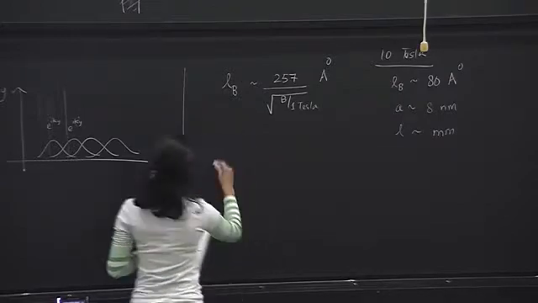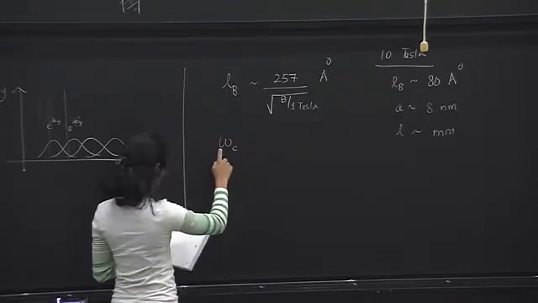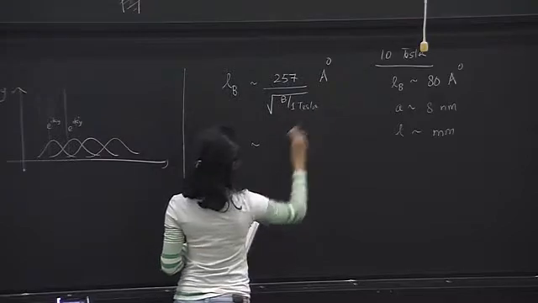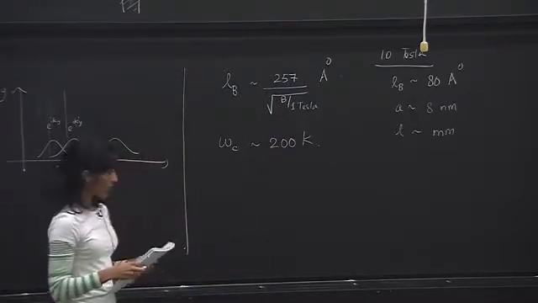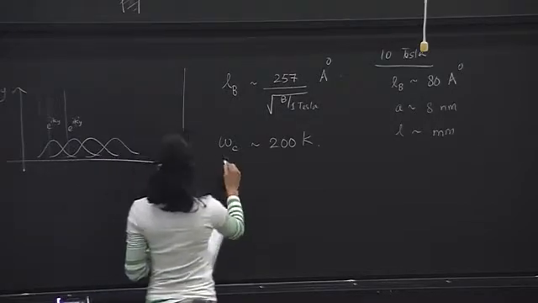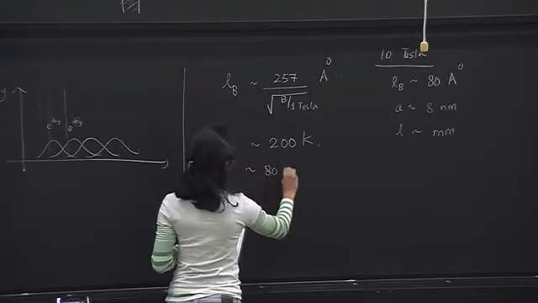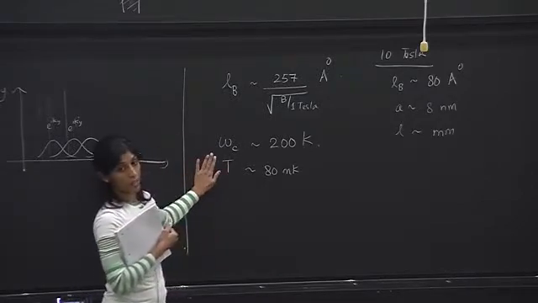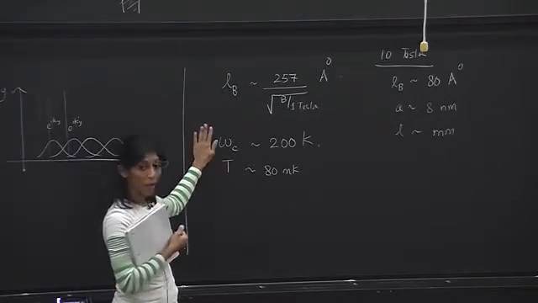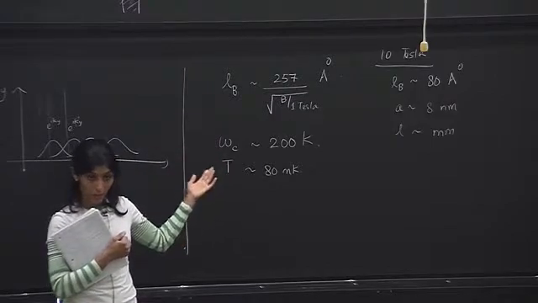Okay, in terms of energy scales, the cyclotron frequency omega c at 10 Tesla is about 200 Kelvin. The experimental temperature is 80 millikelvin. So for the purposes of the experiments, usually one does not worry about higher Landau levels.